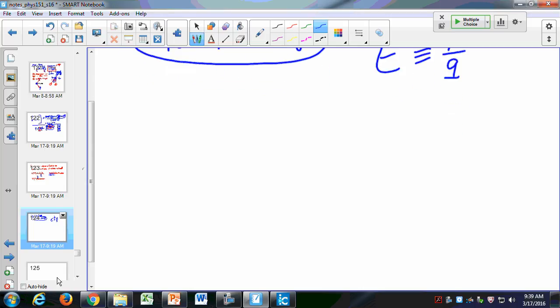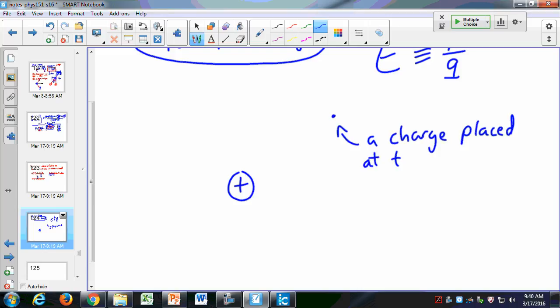And so we say we have a charge right here. If I were to put another charge right here, it would feel a force. So a charge placed at this point would feel a force.